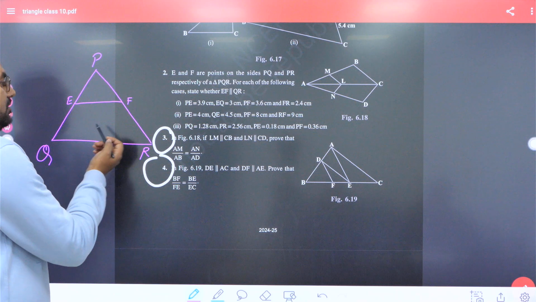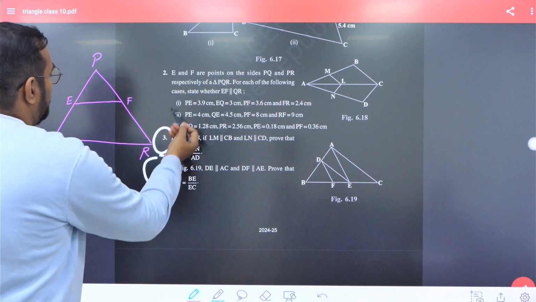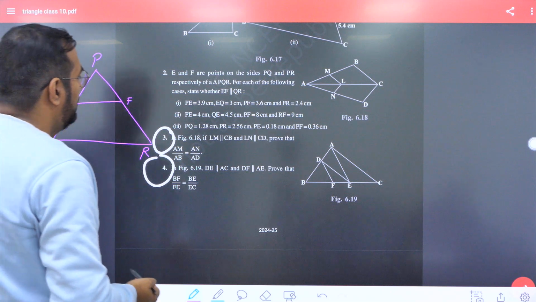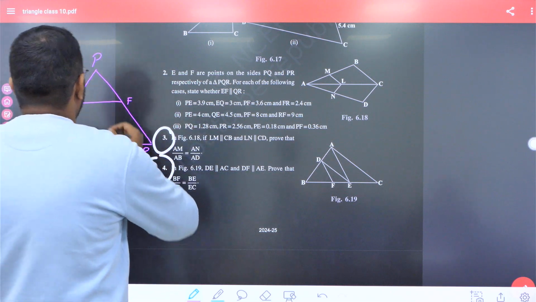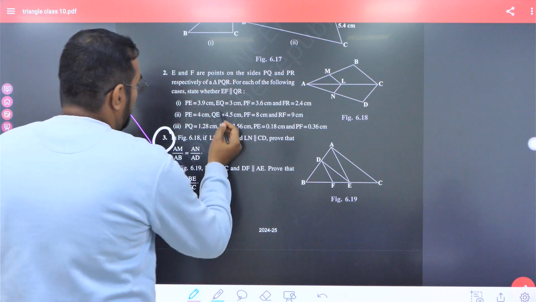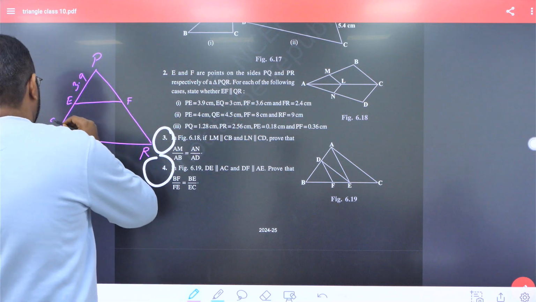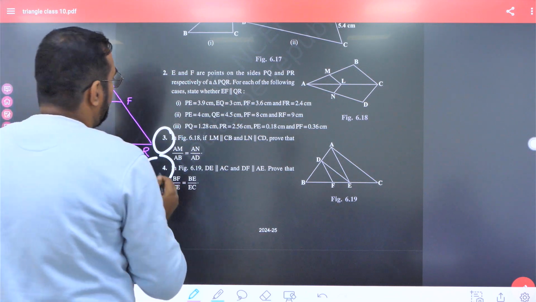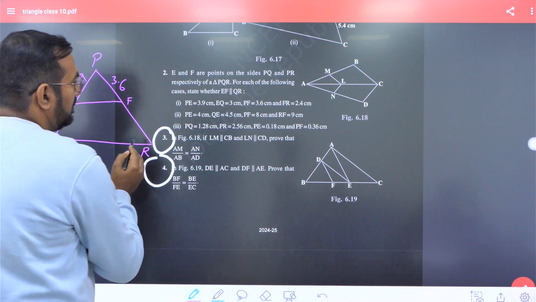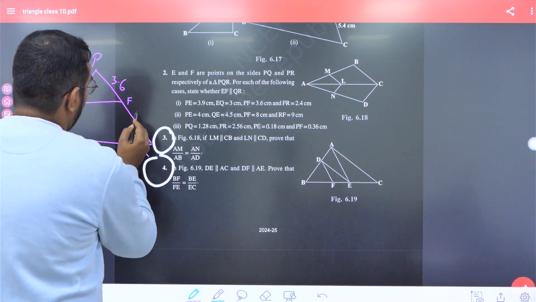We have to check for all these cases. First case is PE is 3.9. This one is 3.9. EQ is 3. This one is 3. PF is 3.6. And FR is 2.4.